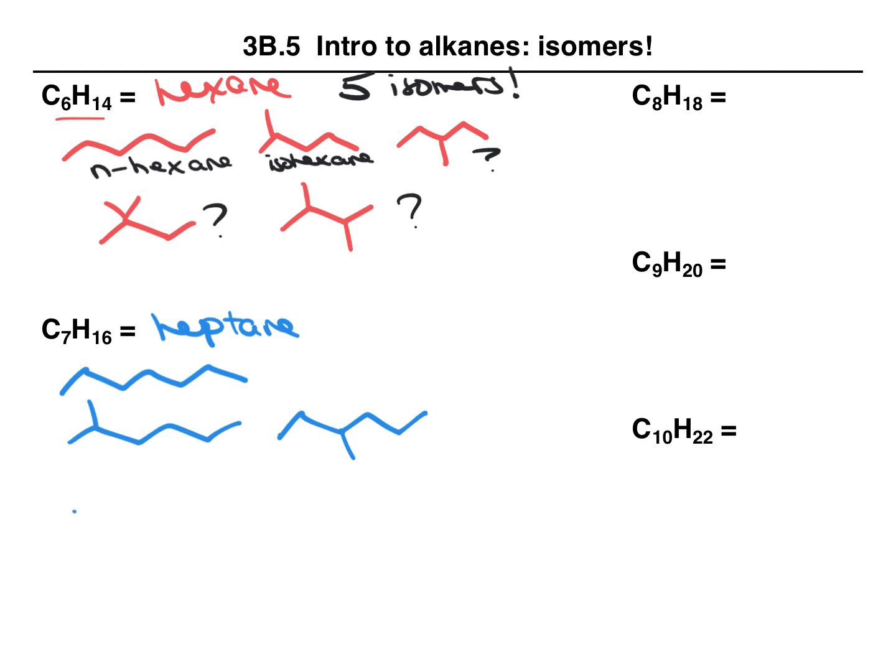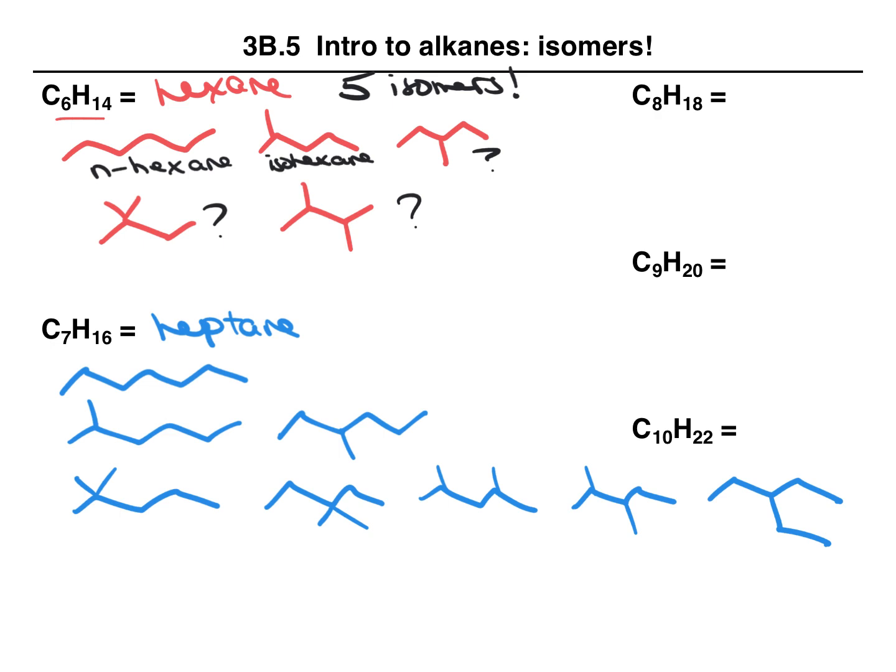We can have 1, 2, 3, 4, 5 with two methyl branches, in several different arrangements, or 1, 2, 3, 4, 5 with an ethyl branch. And then finally, we can have 1, 2, 3, 4 carbons with a methyl branch, another methyl branch, and another methyl branch. And now we have 9 isomers.